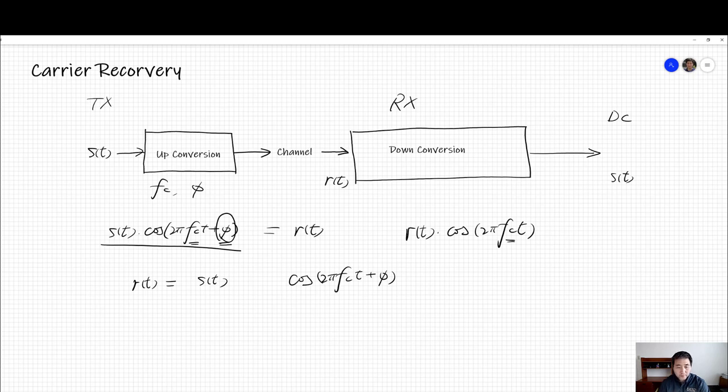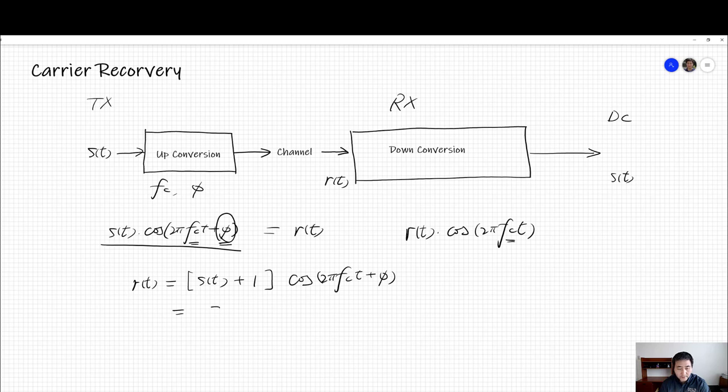For modulation, if I'm using large carrier modulation in the amplitude modulation realm, I am adding a pure cosine function onto my message signal, and this is the modulated signal.